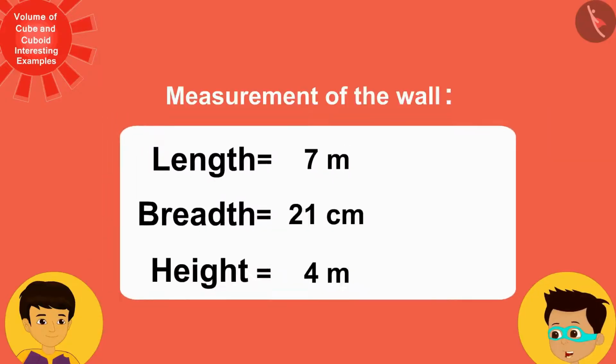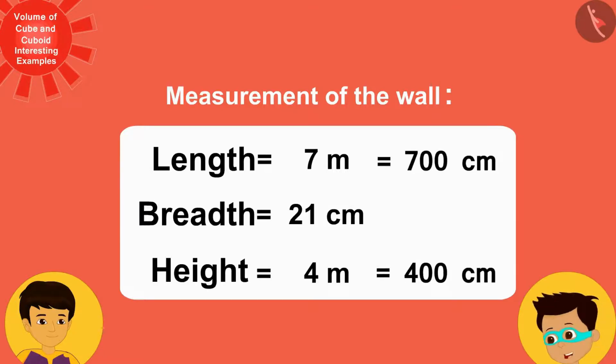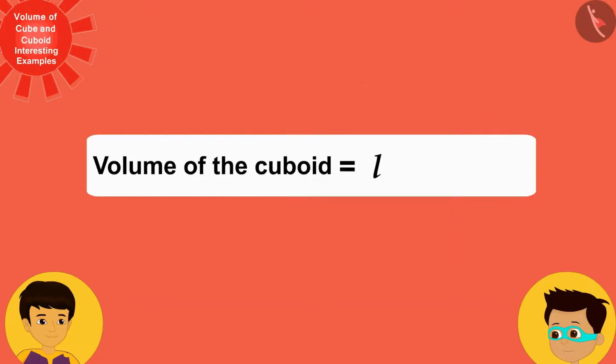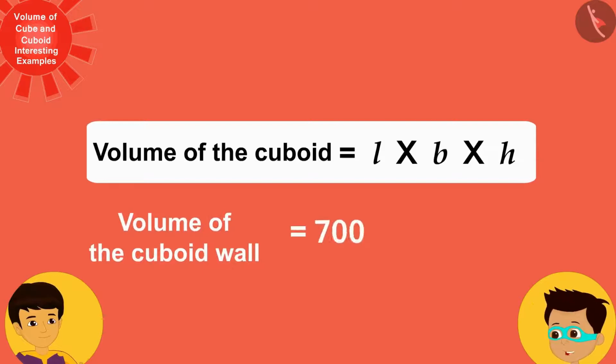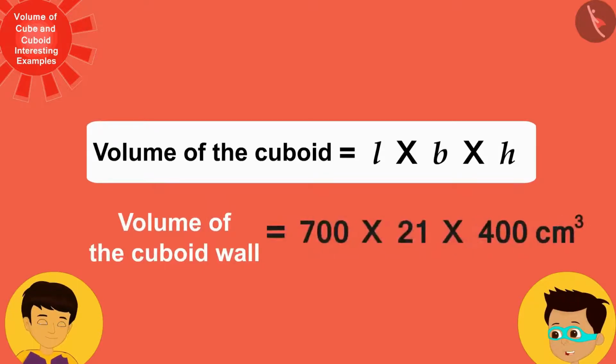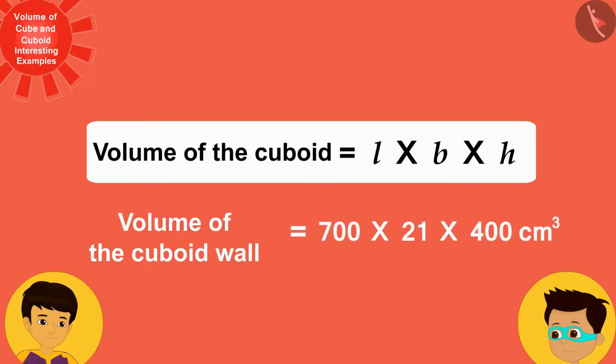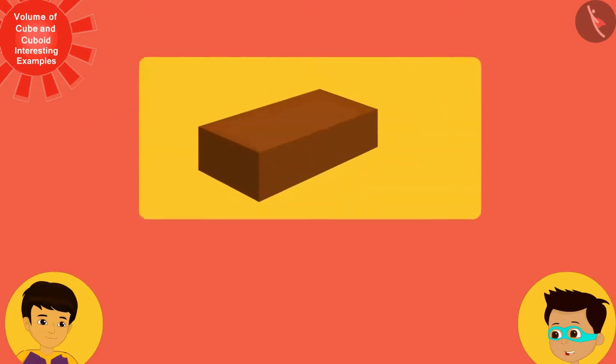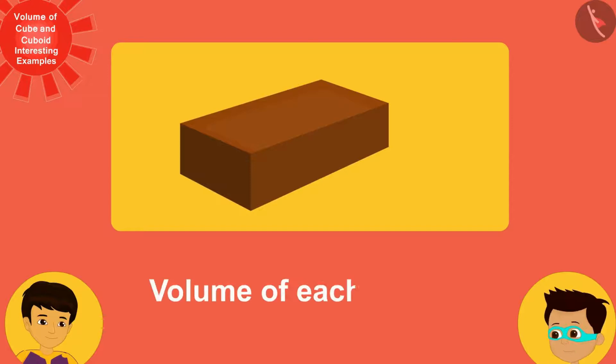First, we will write all these measurements in the same unit, centimeters, in this way. Now, we can write the length, breadth and height of this wall over here in this formula instead of L, B and H respectively. Now can you write the volume of each brick in the same way?